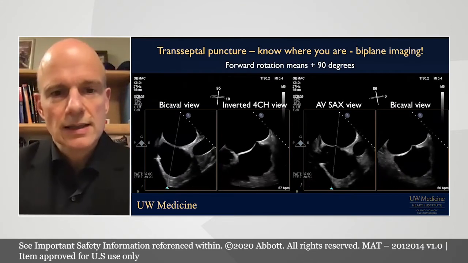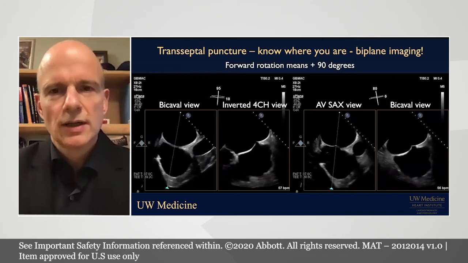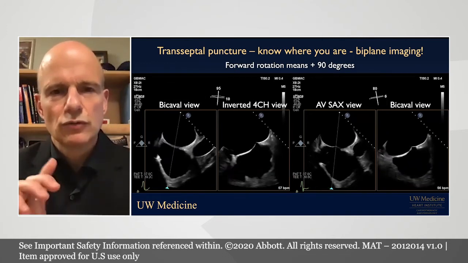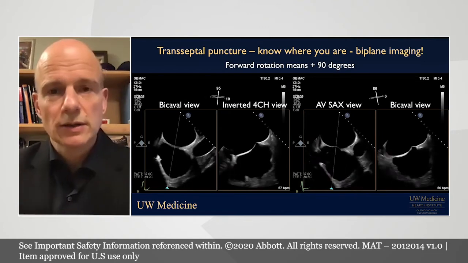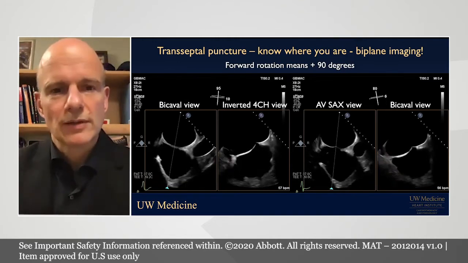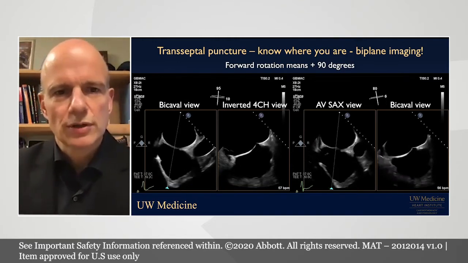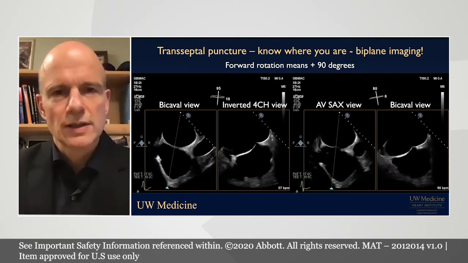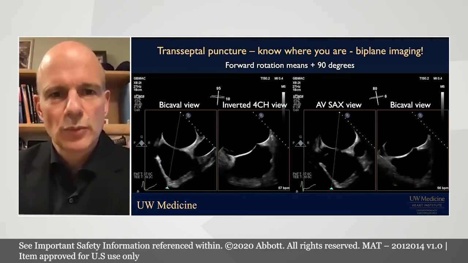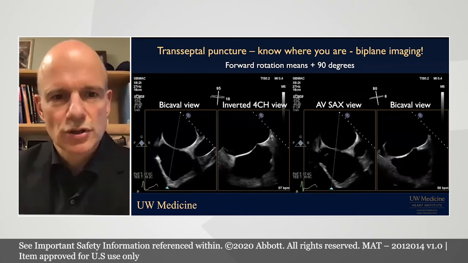The next slide shows one aspect of biplane imaging: it's important to understand that as soon as you rotate your multiplane angle on your original image view above 90 degrees, your perpendicular biplane view will actually be inverted. That's not a problem, but it's important to understand it and then communicate accordingly with your interventional proceduralist.